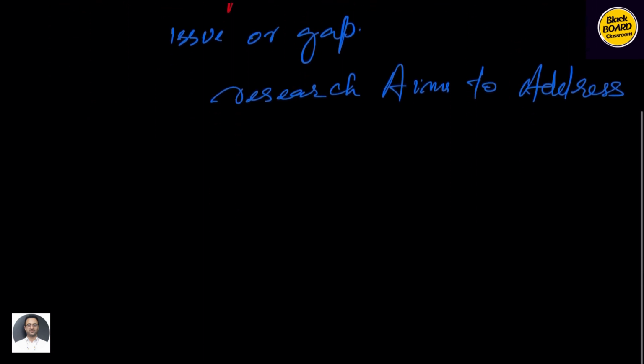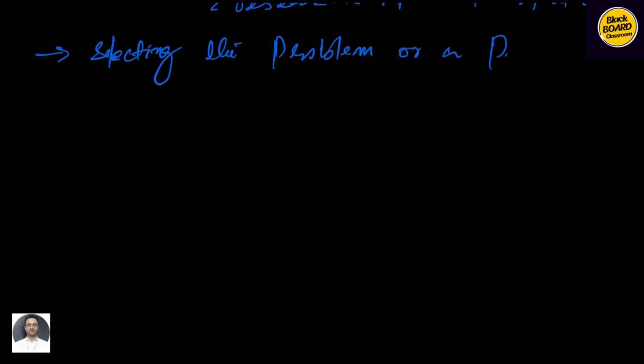Now, next to the research problem, we have the important issue, which is selecting a problem. Selecting a research problem means identifying an area of interest, which is very important.